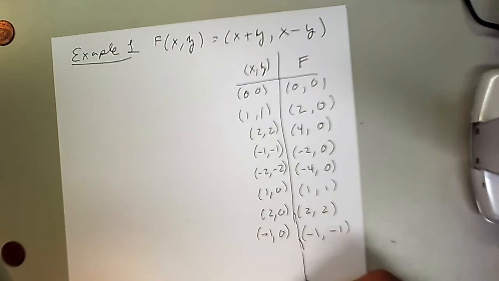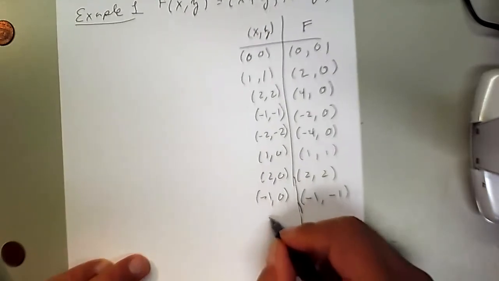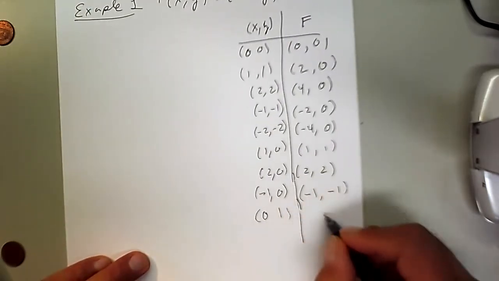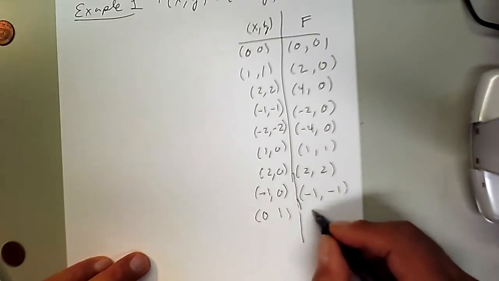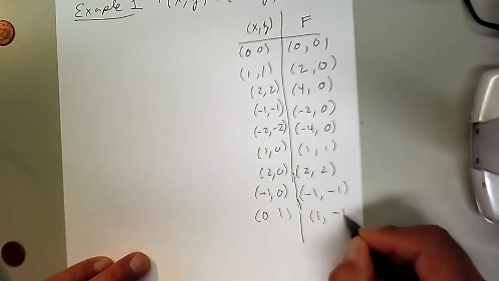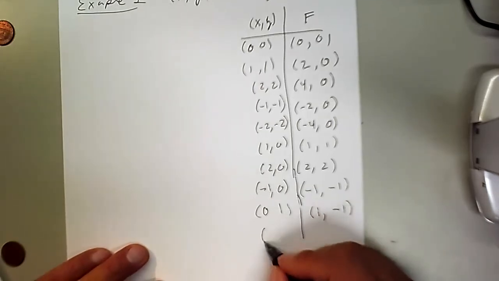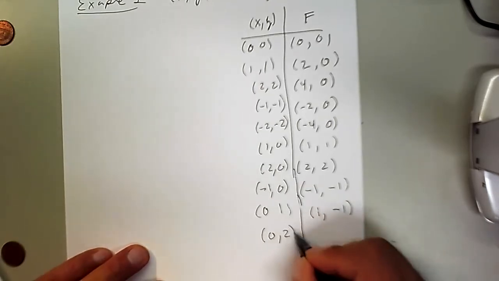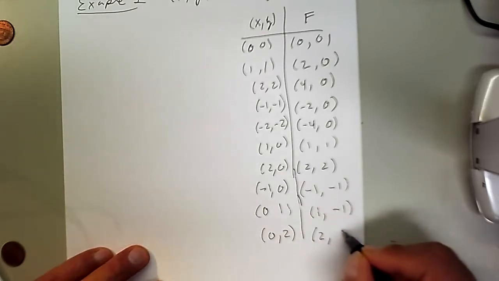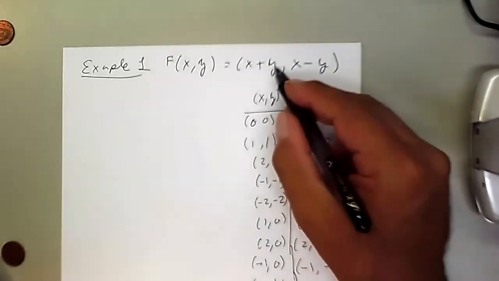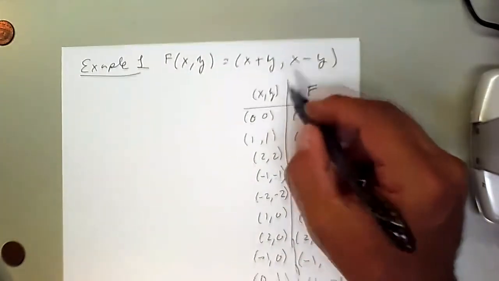How about the other way? 0, 1. 0 plus 1, 0 minus 1. So we're going to end up with 1, -1. Oh, that is interesting. How about 0, 2, 0 plus 2, 0 minus 2. Now, this is a very, very specific vector field.